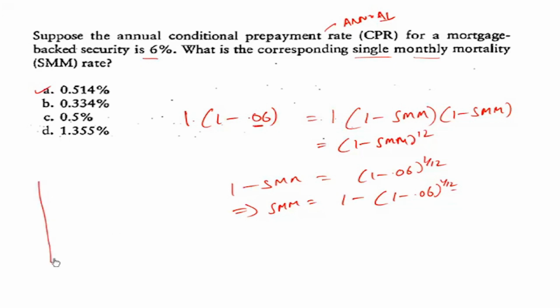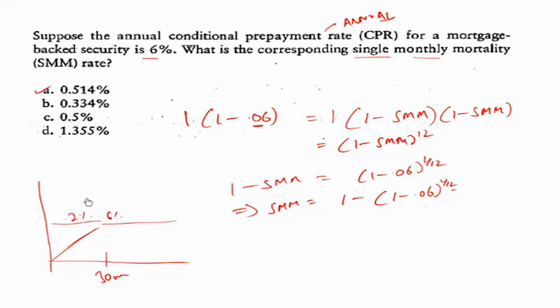Remember, 100% PSA implies that for the first 30 months, the prepayment rate will grow at the rate of 0.2% per month. That is, the loan will become seasoned 30 months later at a rate of 6%.